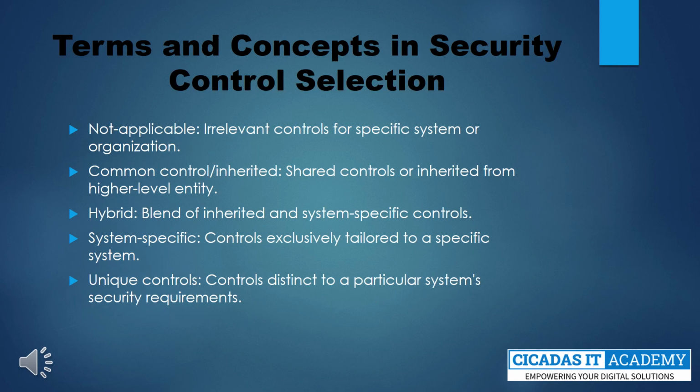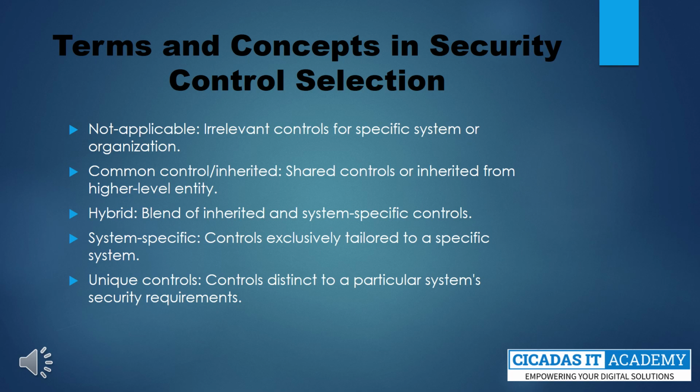Security control selection involves understanding various terms and concepts relevant to the cybersecurity field. These include risk assessment, threat modeling, control categorization, control families, control objectives, control baselines, control implementation guides, and control testing and validation. Risk assessment involves identifying and evaluating potential risks to determine the appropriate security controls.